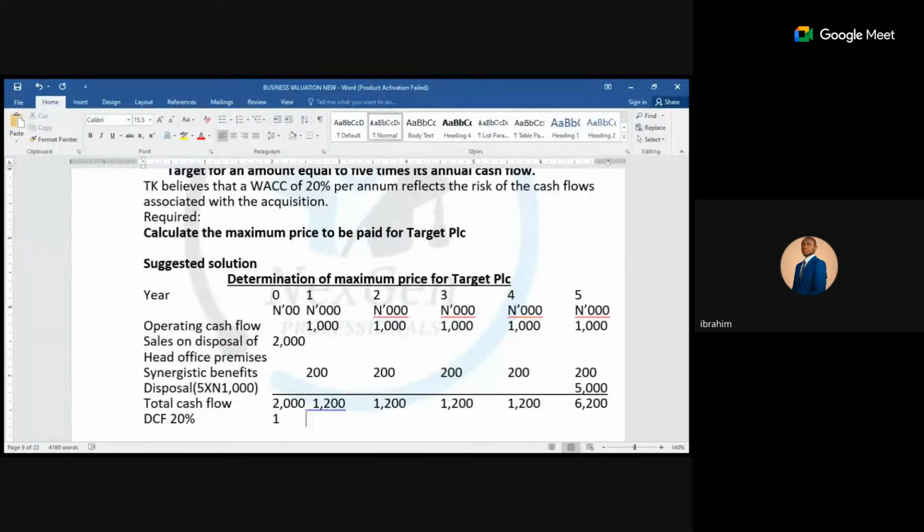What do we have here? 0.833, 0.694, 0.579, 0.482, 0.402.